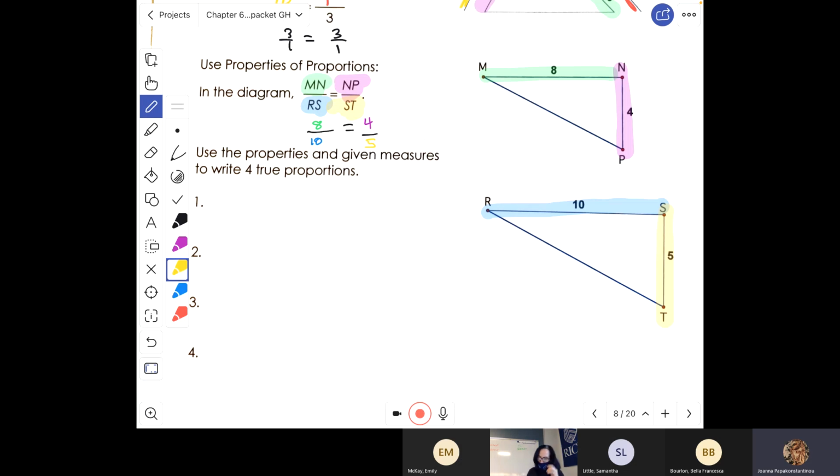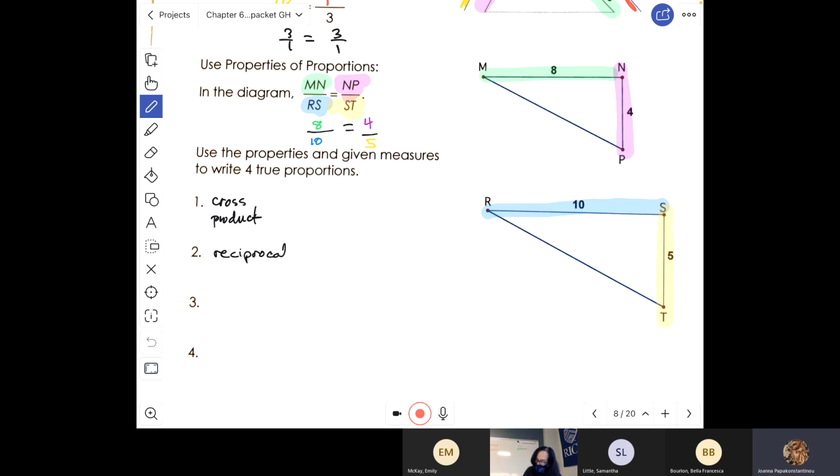Yes. So let's go ahead and use the properties and the given measures that we've just been given to write 4 true proportions. If I think back to the properties we just looked at, we did cross product. That was 1. Then we did the reciprocal. That was the second one.